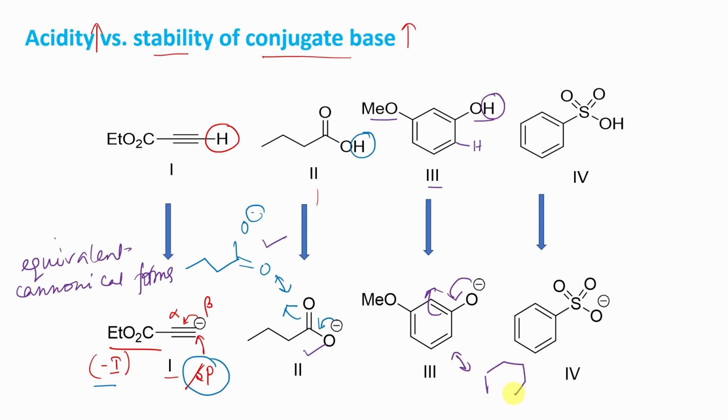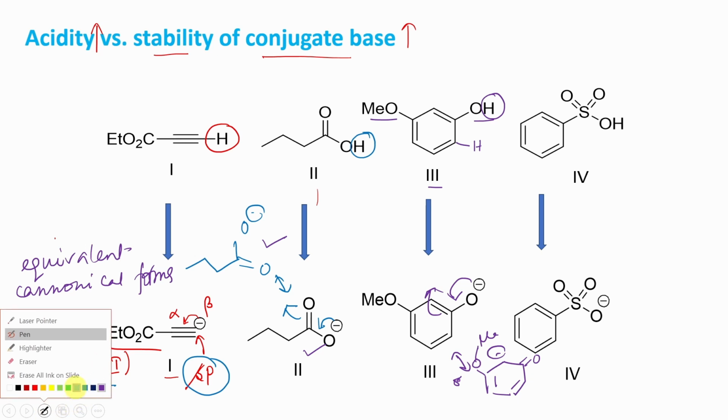Many other canonical forms are also possible. I will not draw them; I suggest you try by yourself at home. So this is oxygen, this is methyl. Now the rest of the bonds are as they are. There are other canonical forms also possible. For example, it can come here, this can open like that.